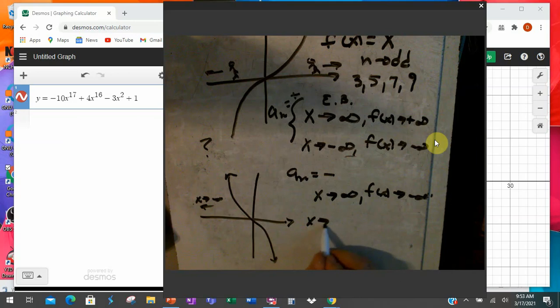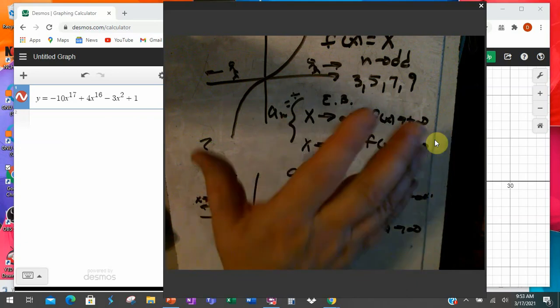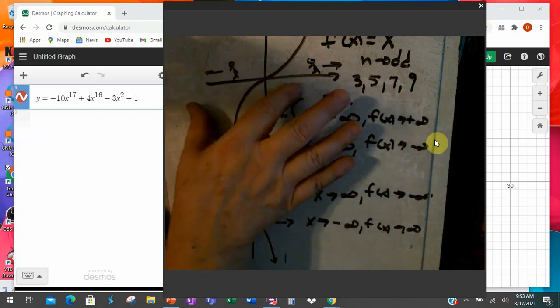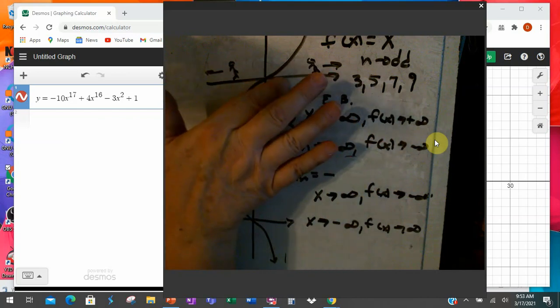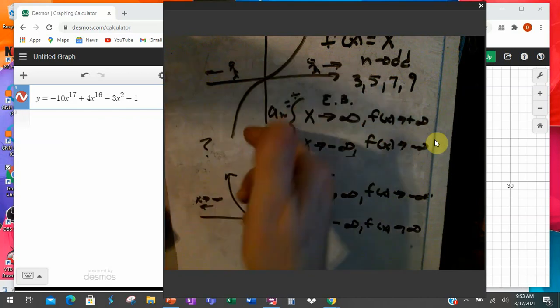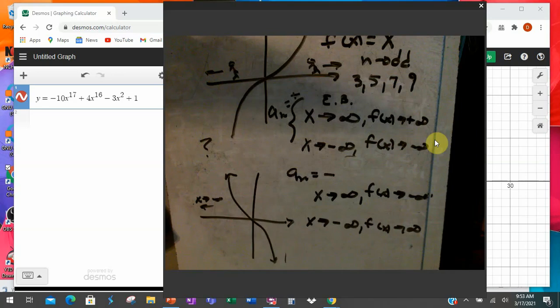So as x goes to negative infinity, f of x is going to plus infinity. Negative, and then the positive there. Okay. So from my two pictures, x squared, x cubed, I get all of this information, and I just flip it to get the other versions of that.